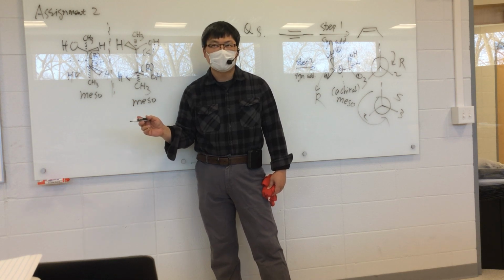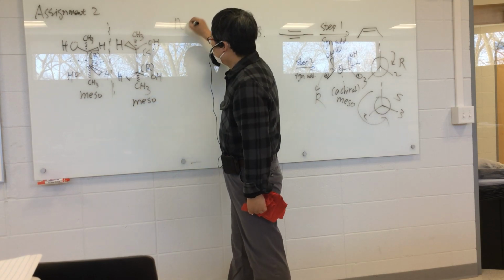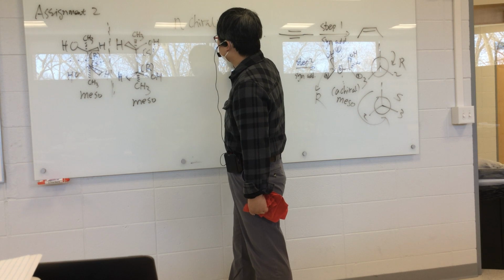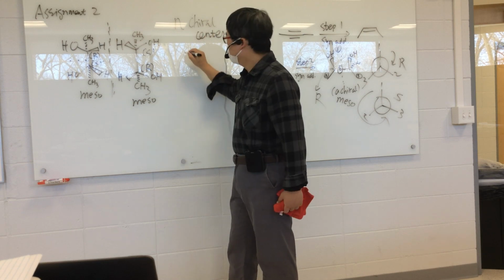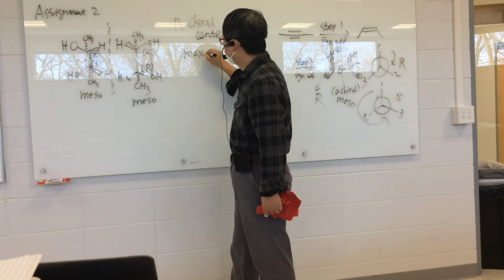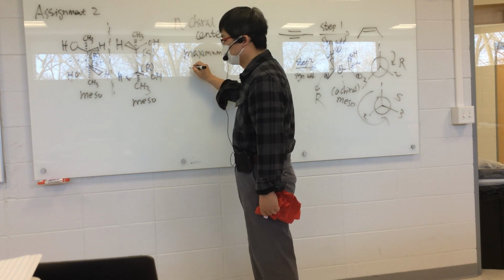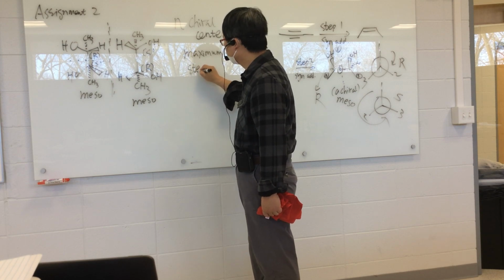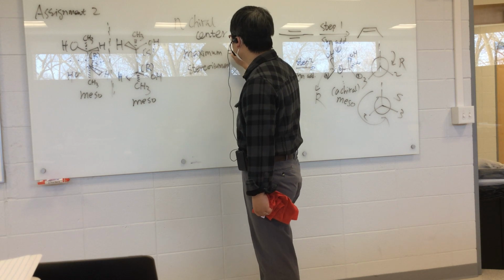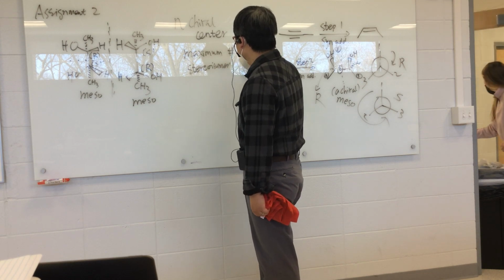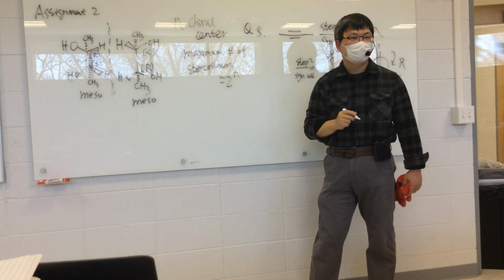Remember in chapter 5 we discussed if there are n chiral centers, the maximum number of stereoisomers equals 2^n maximum.